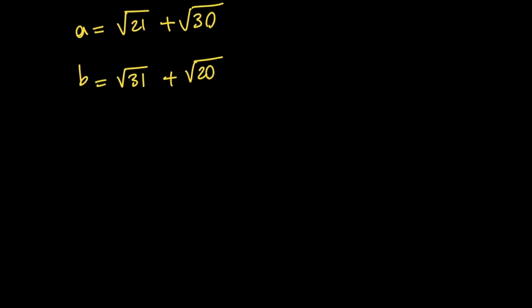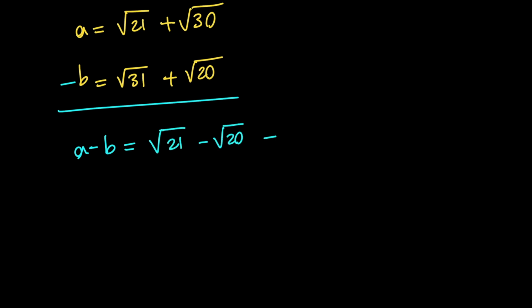Next, let's go ahead and subtract B from A to get A minus B equals root 21 minus root 20 plus root 30 minus root 31. Next, let's go ahead and factor out a negative out of these two.